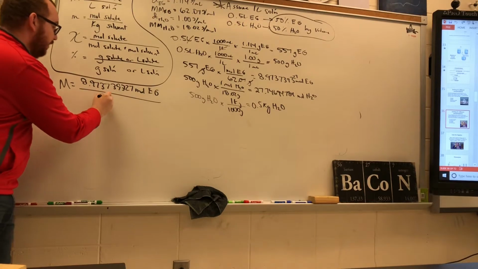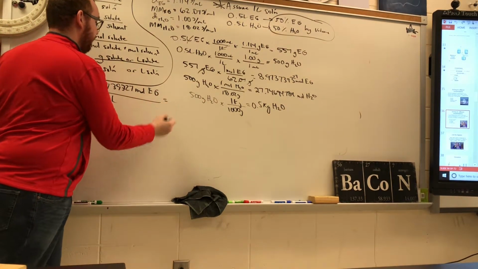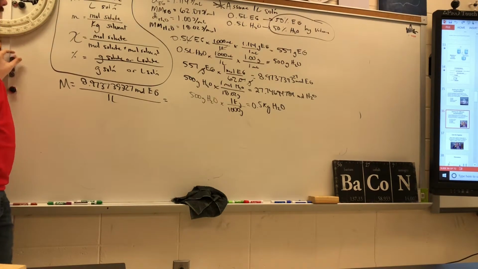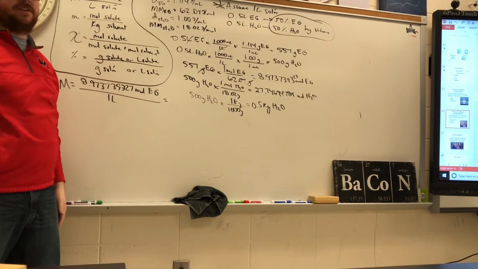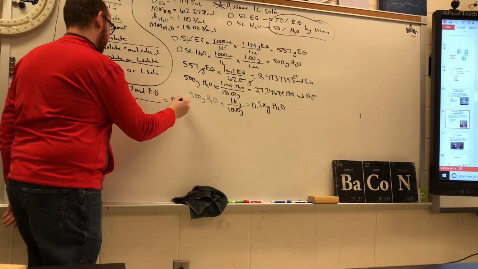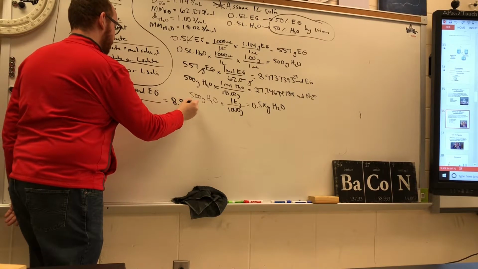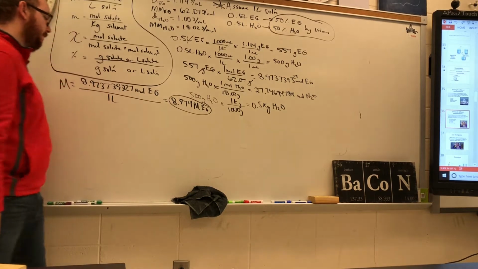So do we even need to put it in the calculator? No, it's just that number. So sig fig wise, they gave us all these in the problem. We'll just do 4 sig figs because all those were 4 sig figs. So 8.974 molarity ethylene glycol. There you go.